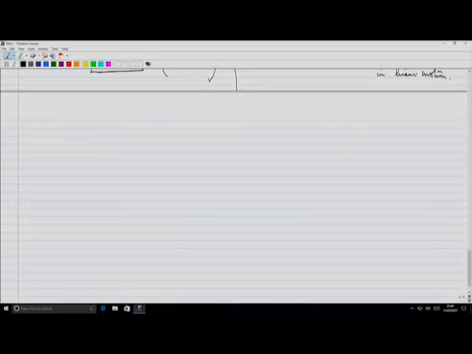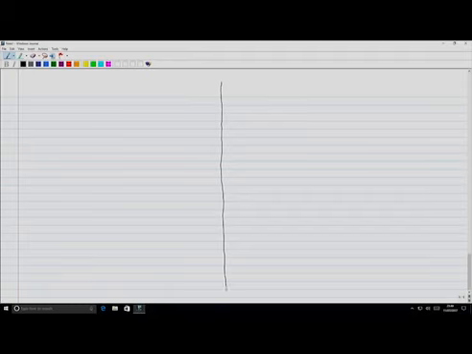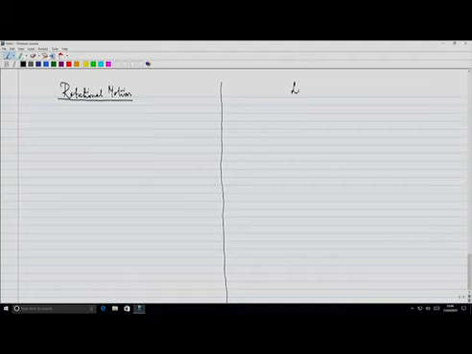In rotational motion, we have now introduced almost all important concepts. Now we can compare the similarities between rotational motion and linear motion. On the left hand side I will have rotational motion, and here we will have linear motion.